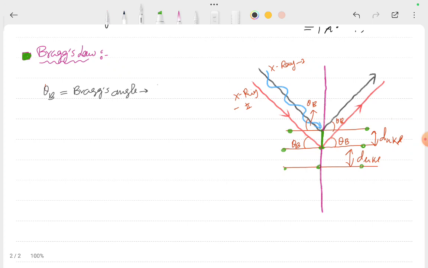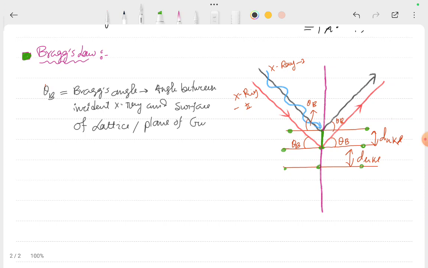This is the angle between the incident X-ray and the surface of the lattice, I mean the plane of the crystal.